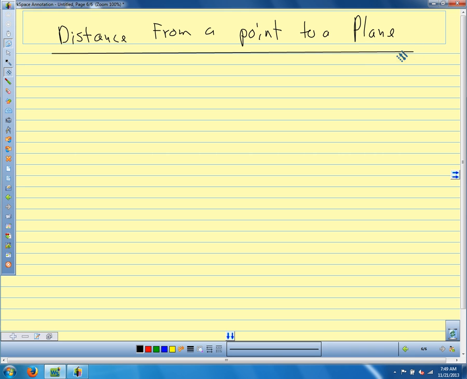So let's draw a picture for this, and we will come up with a way to find the distance from a point to a plane.